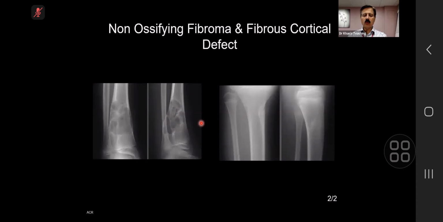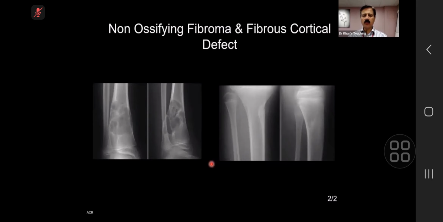Both of these are what we call don't-touch-me lesions, which means there is no role of biopsy. They can be diagnosed on radiology. The concept is that both of these lesions have a natural history, and they simply fill up. As the patient grows, till the age of about 30 odd, they just fill up and become normal bone.